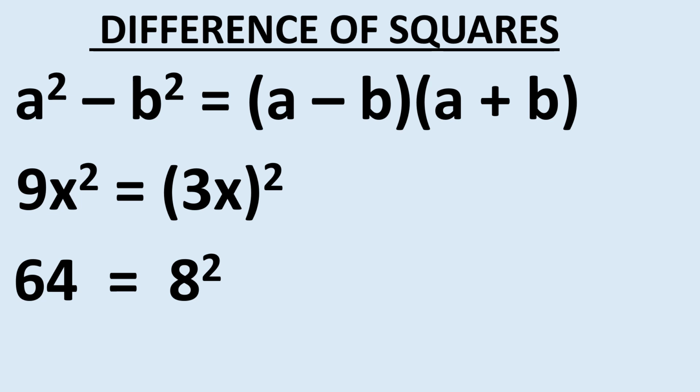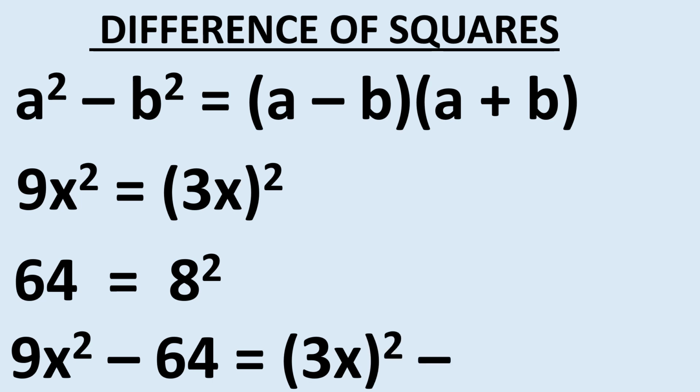Similarly, we can write 64 as 8 squared, because 8 times 8 is 64. So 9x squared minus 64 can be rewritten as 3x all squared minus 8 squared.